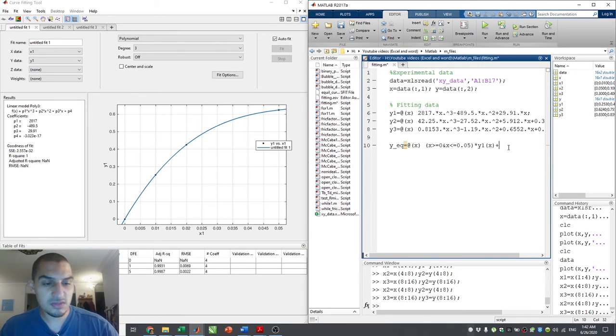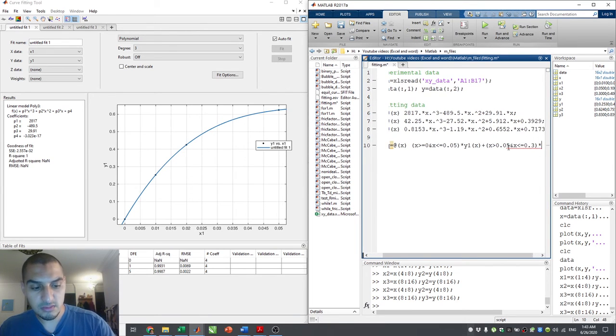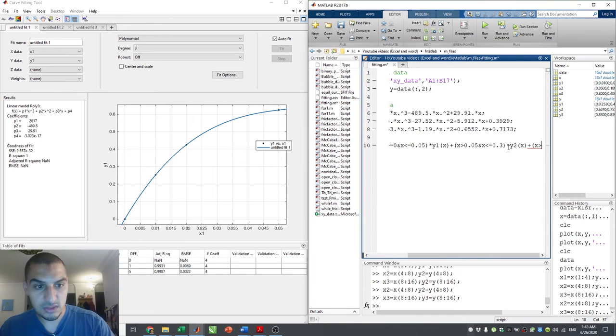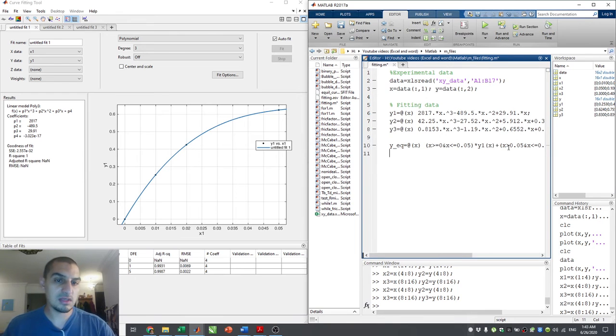And I'm gonna do that for the second part, so I'm gonna say that x is greater than 0.05 and x smaller than or equal 0.3 multiplied by y2 of x, and the same thing for the last part is gonna be x greater than 0.3 and x smaller than or equal to 1, then it's gonna be y3 of x. So it's now done.